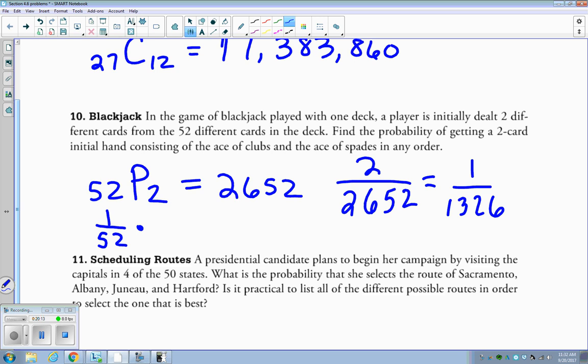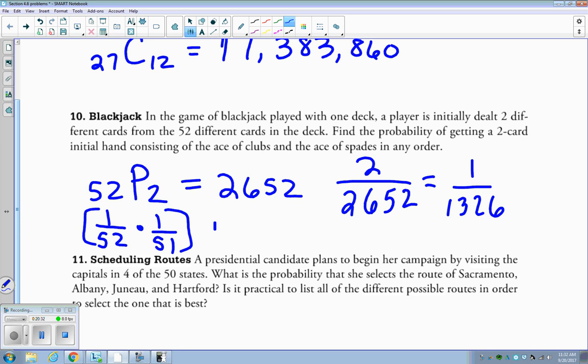There's only one ace of spades out of 51 cards that are left, correct? I absolutely could do it that way, but that's one possible way to get it.